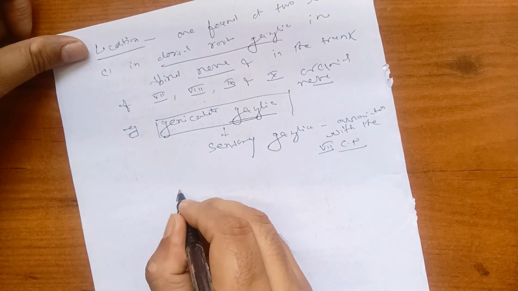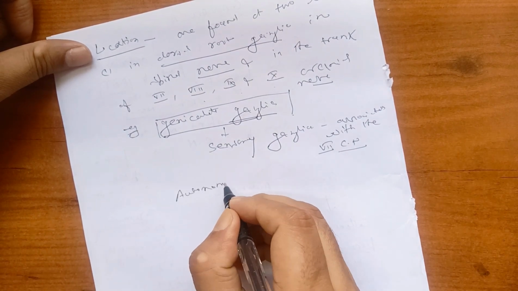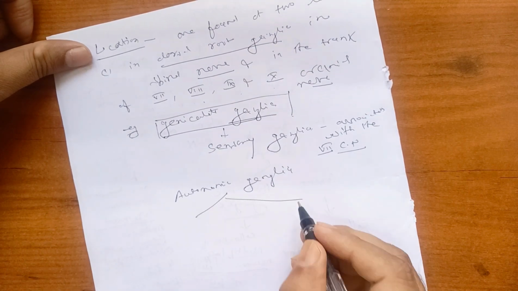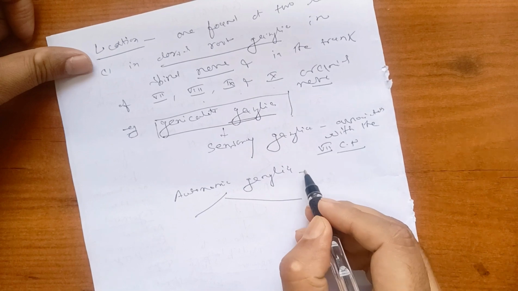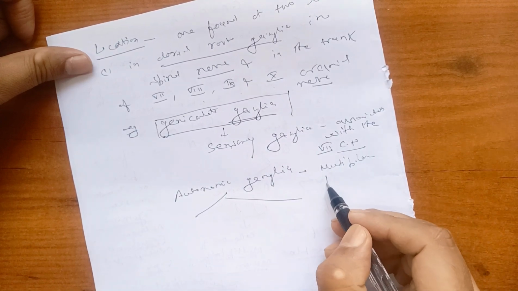Now next is the autonomic ganglia, which are made up of multipolar neurons. These are also of two types.